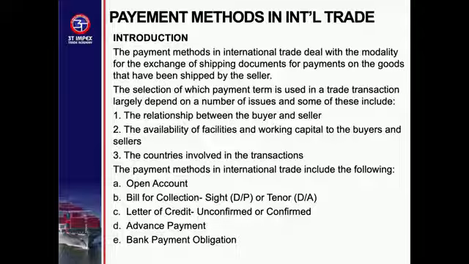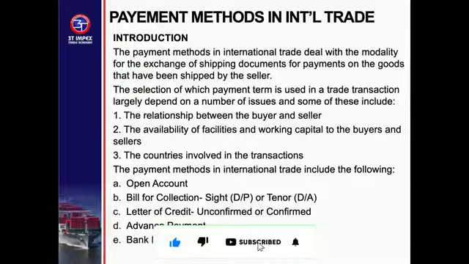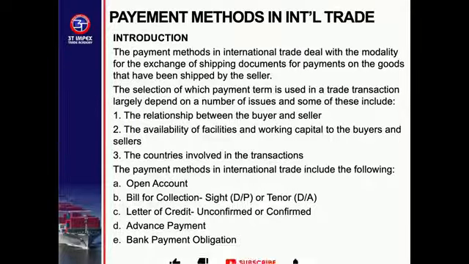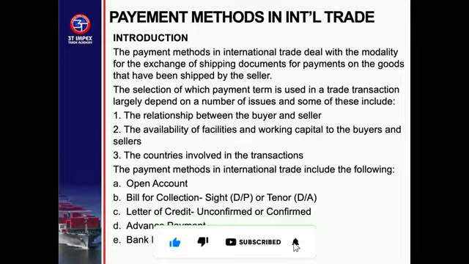Now, if I am not comfortable with the country in question, because there is war, because of economic downturn, because of political risk, economic risk, I might want a payment method that guarantees my payment. And will not just guarantee my payment, it will guarantee my payment even from other countries.